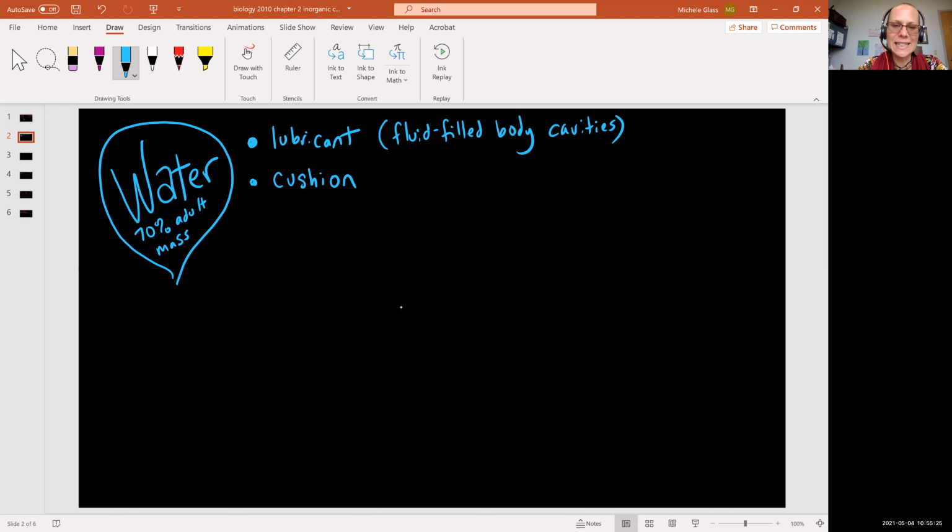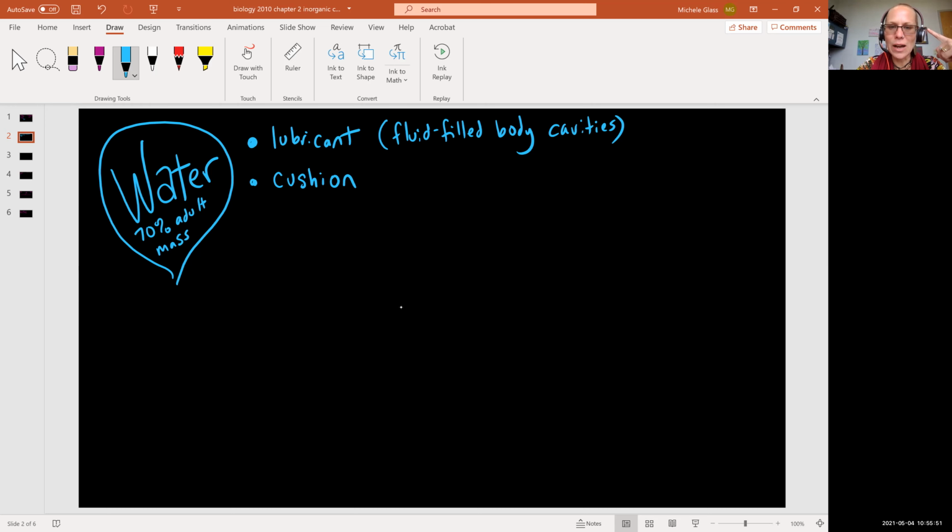So that's one example. We'll also think about water as an important cushion for the body. Even in that discussion of the pericardial cavity, which is that sac holding the heart, or the pleural cavity, that sac that's holding the lungs, there is a little bit of shock absorption and protection happening with that fluid. We see this especially in the cranium. Our brain is floating around in cerebrospinal fluid, and pretty much all the fluid of the body is water-based, right?